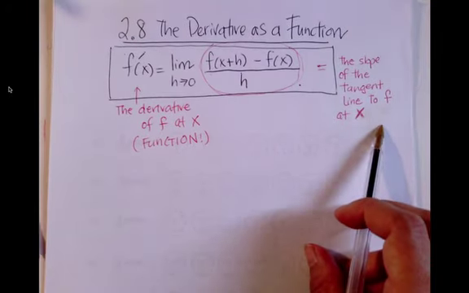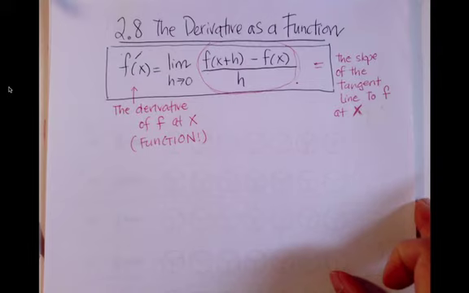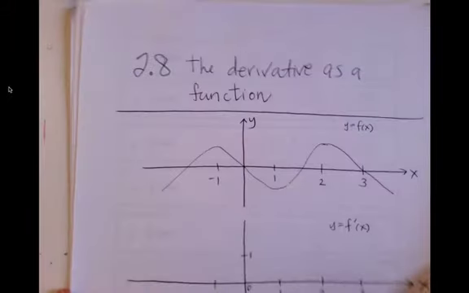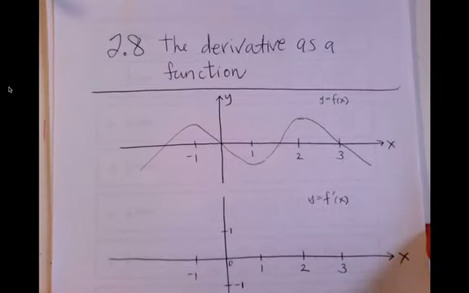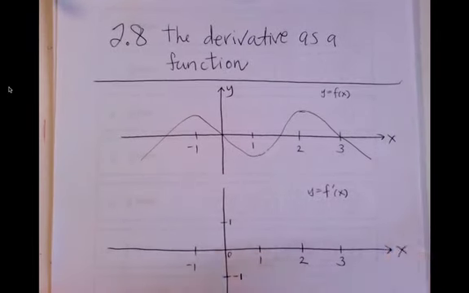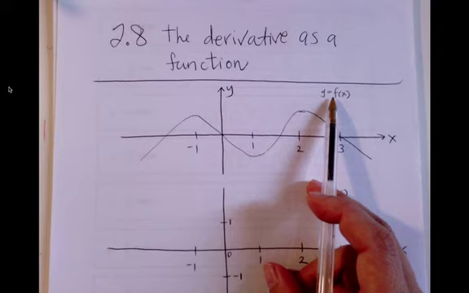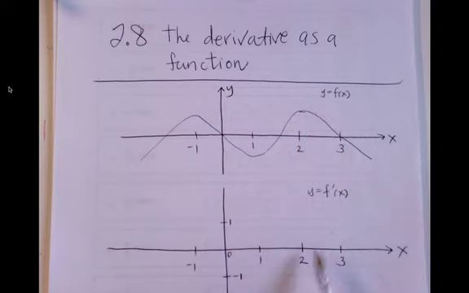So first we're going to look at the derivative in terms of graphs. Here I have the graph of a function f, and I want to sketch the graph of the derivative of f.